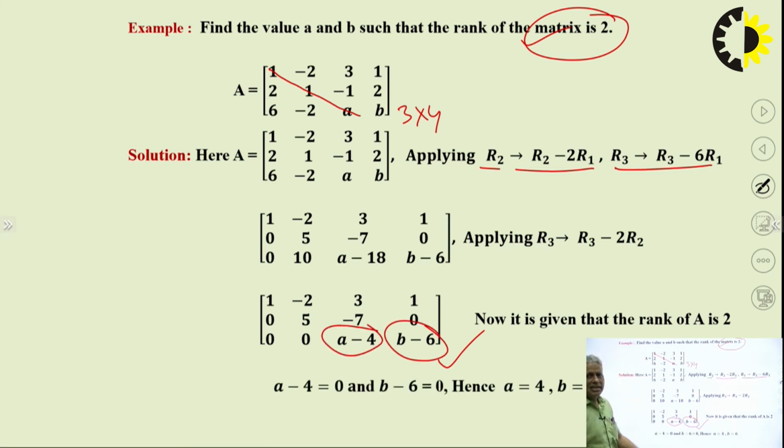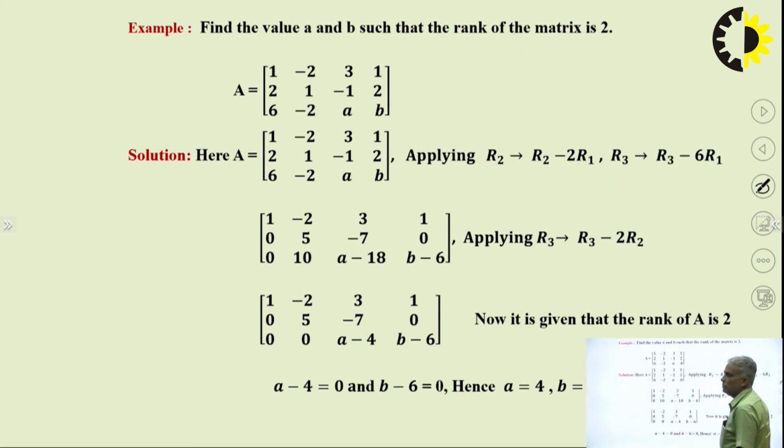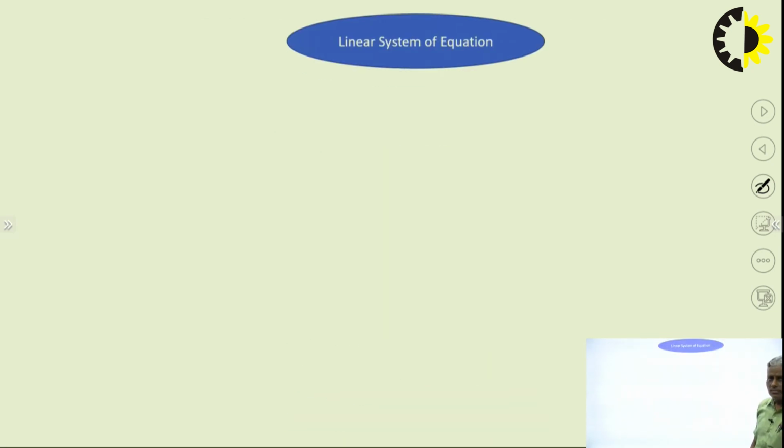So what will be the result here? a minus 4 is equal to 0, b minus 6 is equal to 0, a is equal to 4 and b is equal to 6. So in this way we find the values of a and b with the help of the non-zero rows of the echelon form.